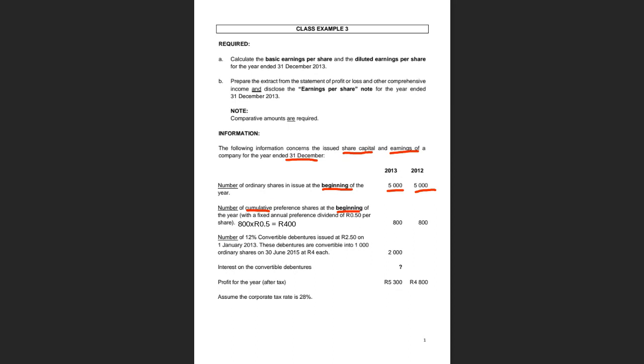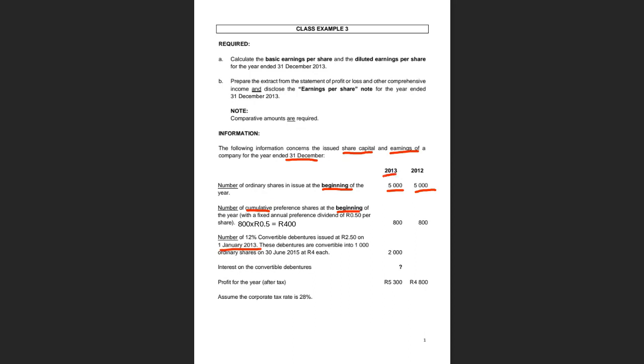Then it says the number of 12% convertible debentures issued at 2 Rand 50 on the 1st of January 2013. Now, when is the 1st of January 2013? Well, that's the first day of the current year.